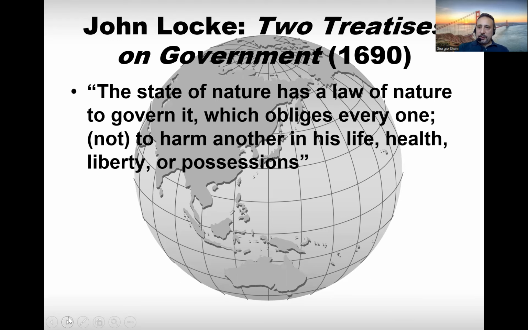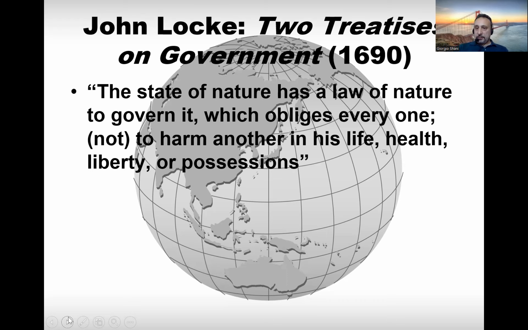Now, as I mentioned, one of the key early liberal theorists is John Locke. Now, John Locke can be seen as an interlocutor with Thomas Hobbes. He was a contemporary. He wrote immediately after Thomas Hobbes.